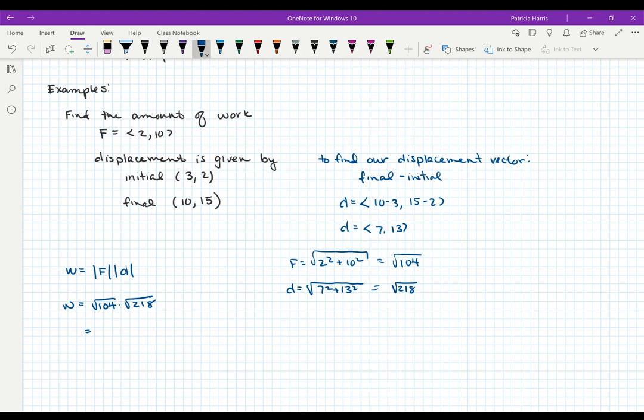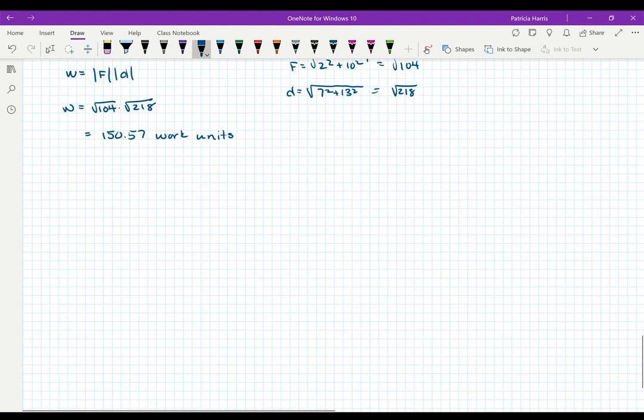Take the square root of that. 150.57 units of work. Okay, now work is generally in things like joules, or another one is, I want to say foot pounds. Okay. All right. So let's do another example where our directions are different.